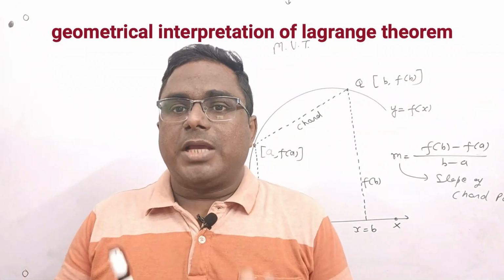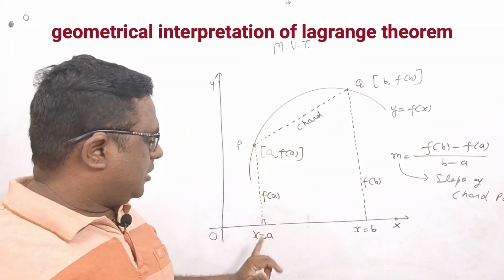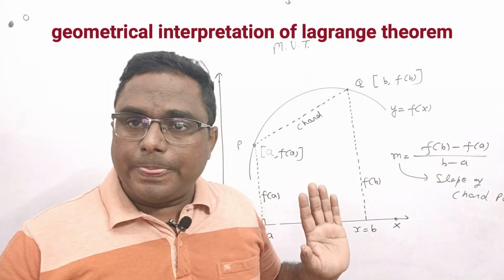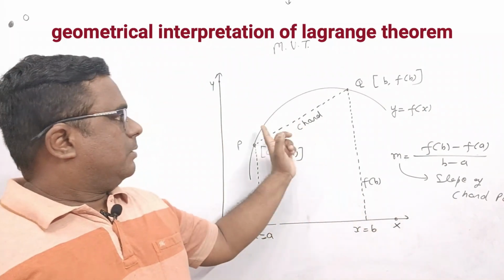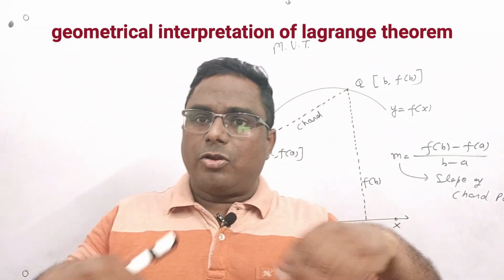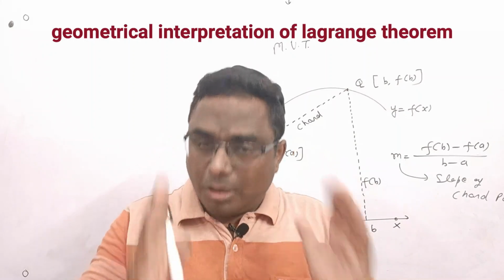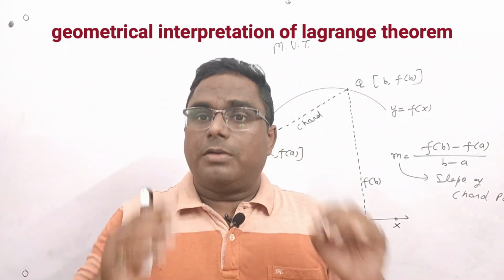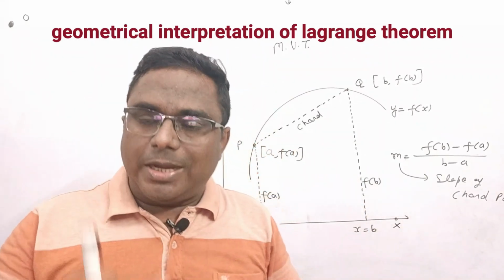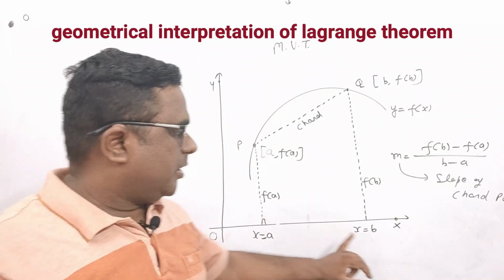It means I can say that my function is continuous in the closed interval a to b. And since between P and Q, I can draw a unique tangent at every point of the curve, it means the function is differentiable at every point of the curve in the open interval a, b.